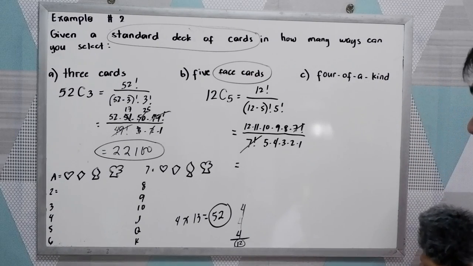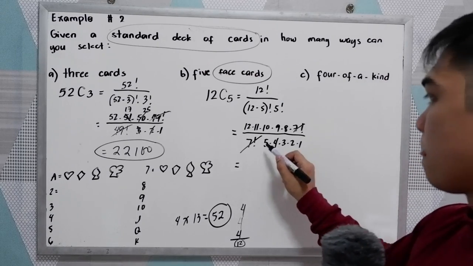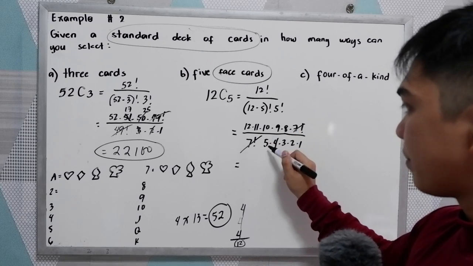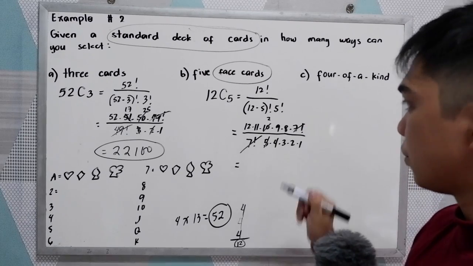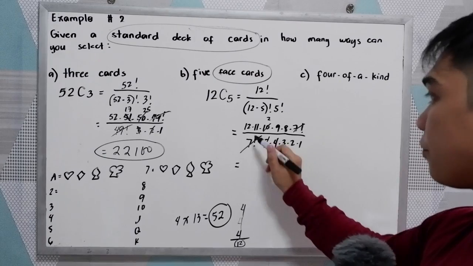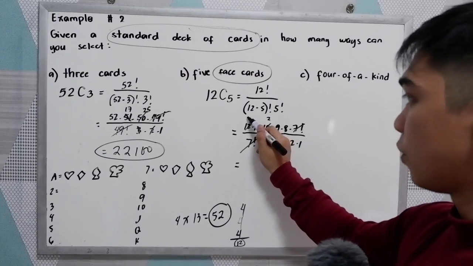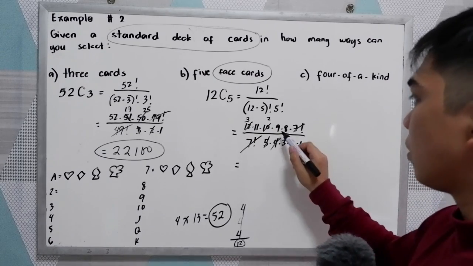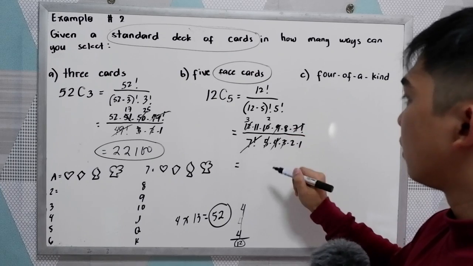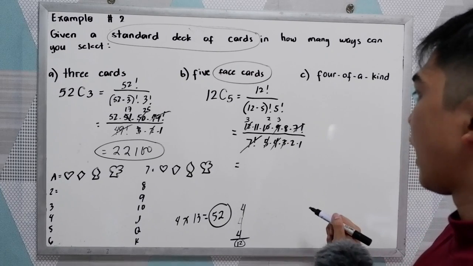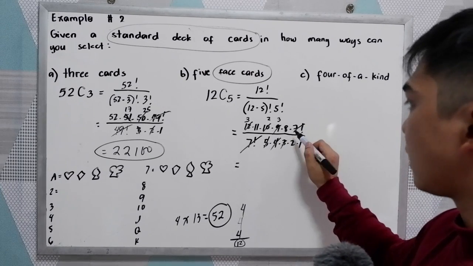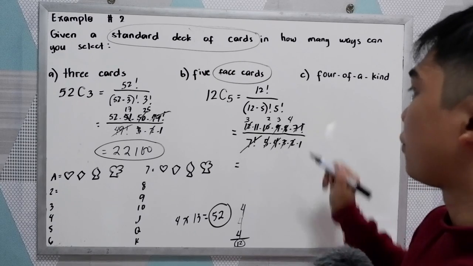Okay, cancellation method. So we have 10 divided by 5, 10 will become 2. 12 divided by 4, 12 will become 3. Then 9 divided by 3, 9 will become 3. And lastly, we have 8 divided by 2, 8 will become 4.